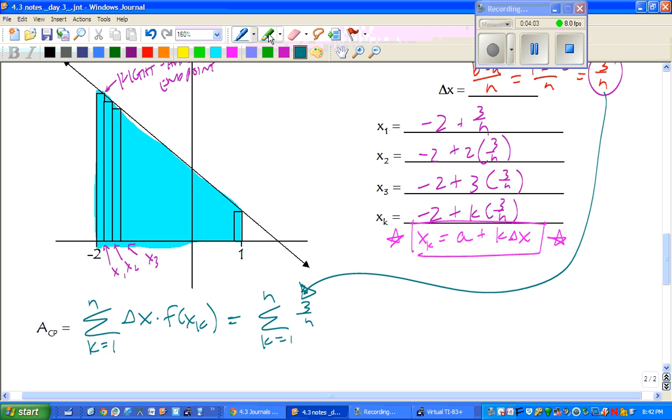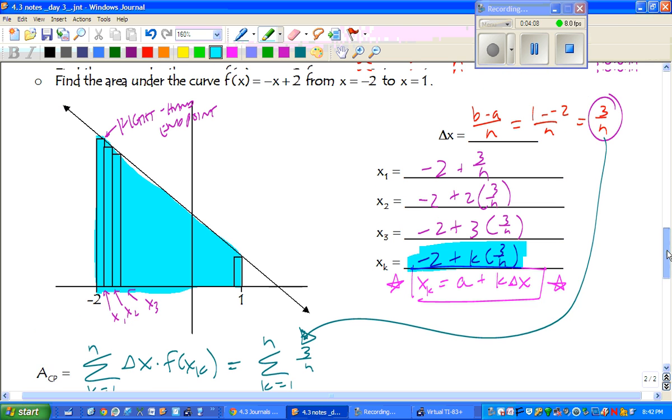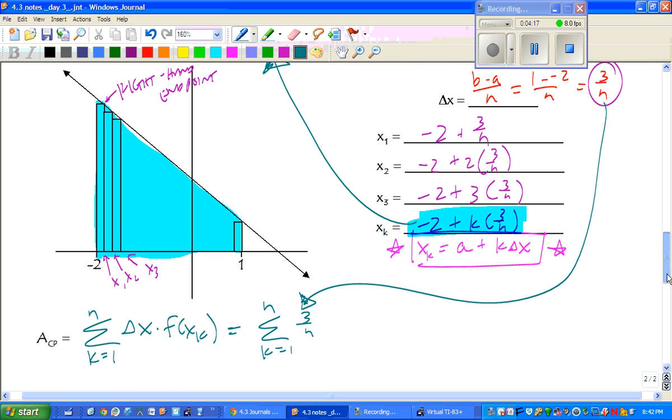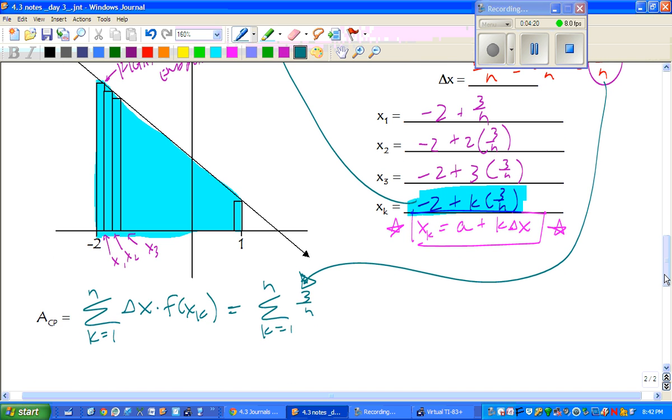That means we're taking x sub k right here and plugging it in to our actual function for x. So we have to take this and plug it in here. So we have 3 over n times negative, we get that negative out in front, negative 2 plus k times 3 over n plus 2.